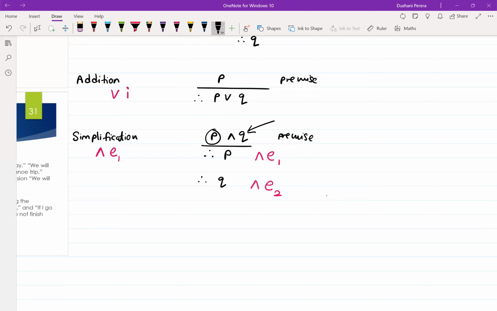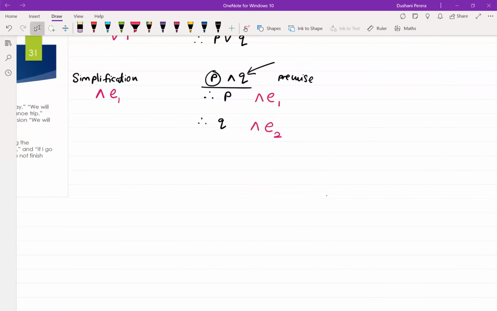So that's simplification. Then there's something called conjunction. So conjunction means if you are given that P is a premise, P true is a premise, and Q true is a premise, then since P and Q both are true, you go ahead and connect them with an AND.